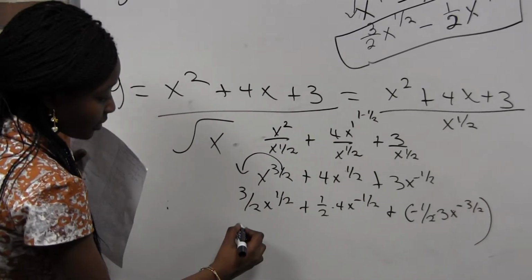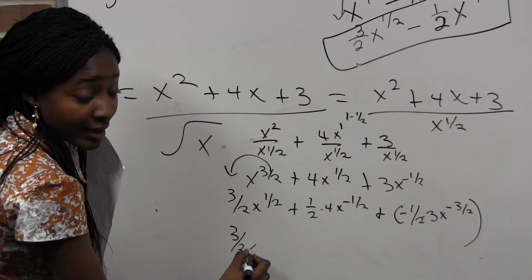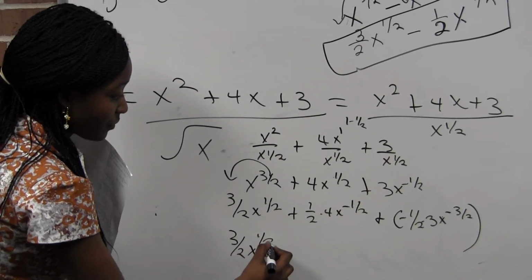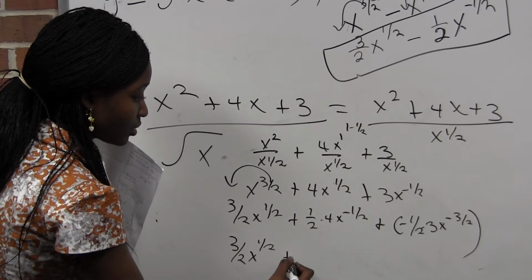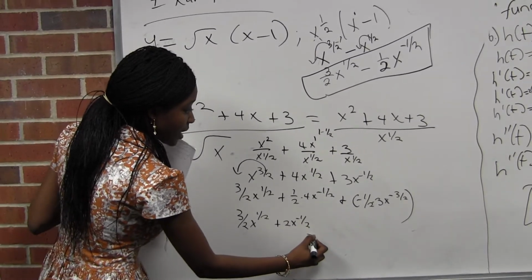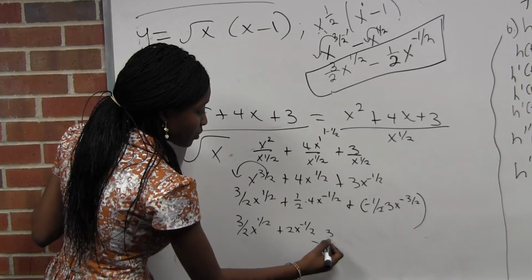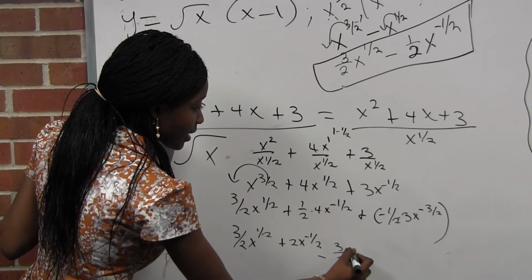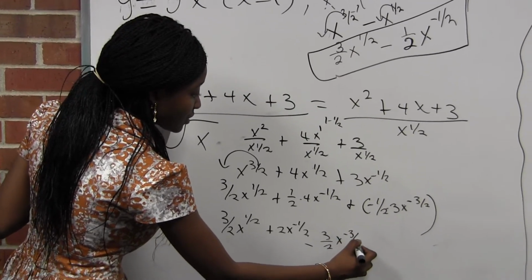So this gives me 3 over 2 x to the 1/2 plus 2x to the negative 1/2 minus 3 over 2 x to the negative 3/2.